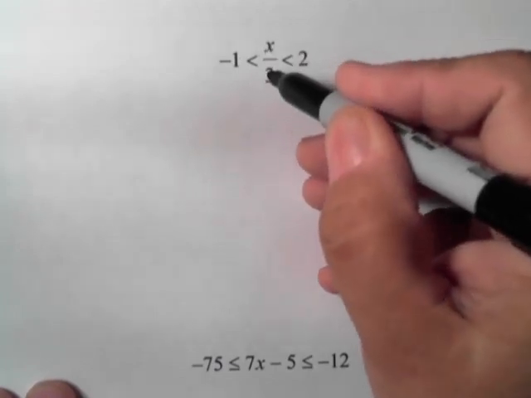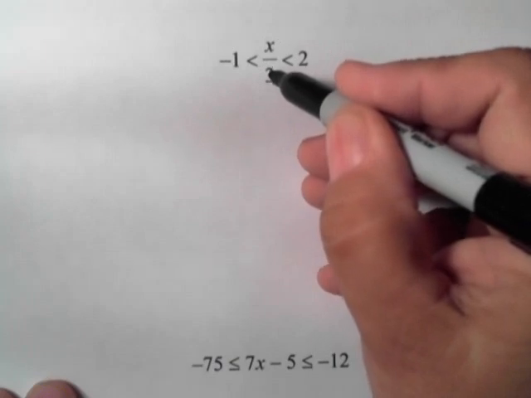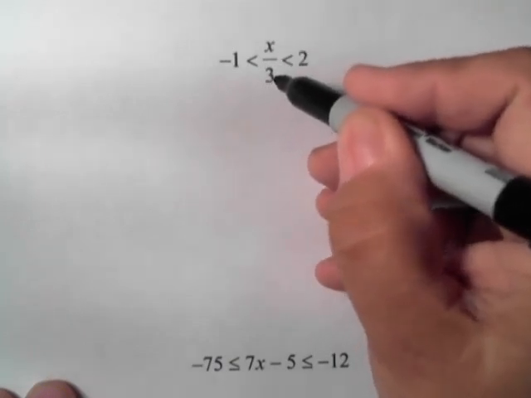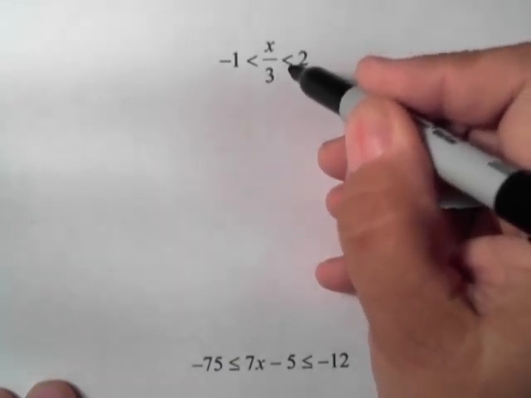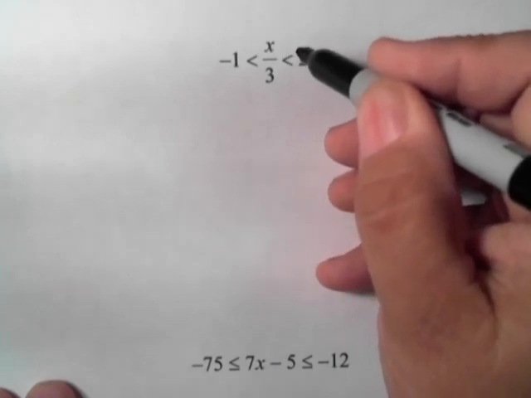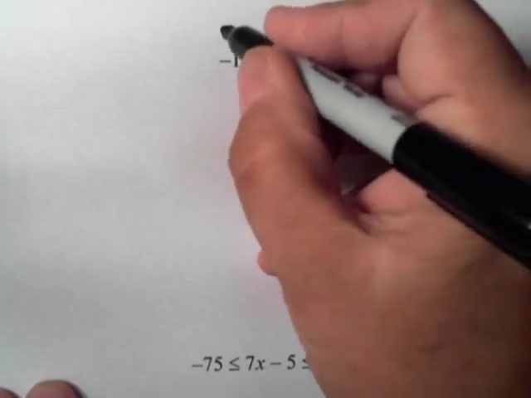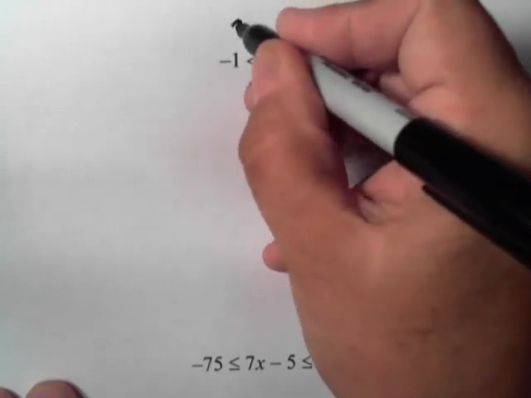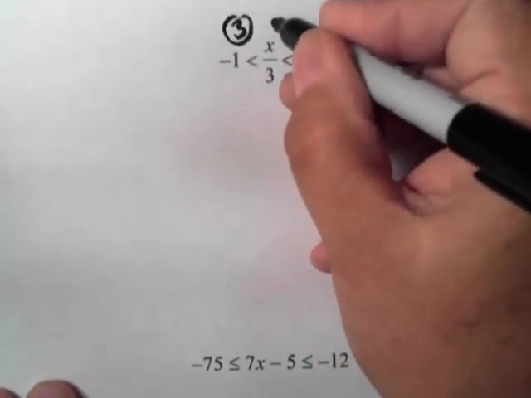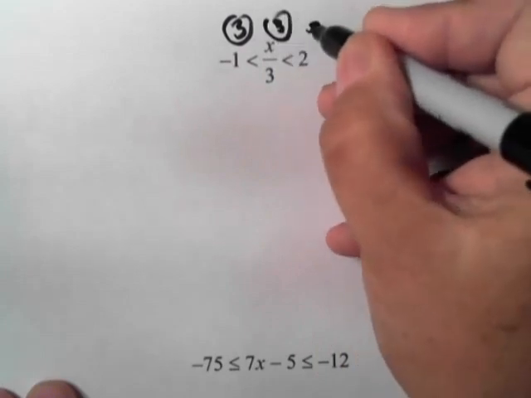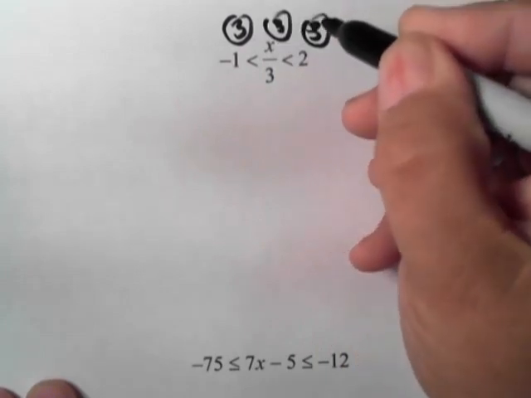Well, notice this is x divided by 3. How do we get rid of divided by 3? We multiply by 3. Okay, now of course, since this thing is three-sided, we got to multiply all the sides by 3. So I might indicate that up above here like this. Okay, 3, 3, and 3.